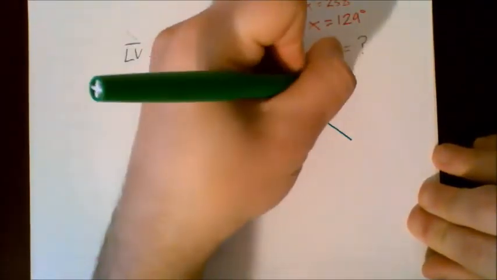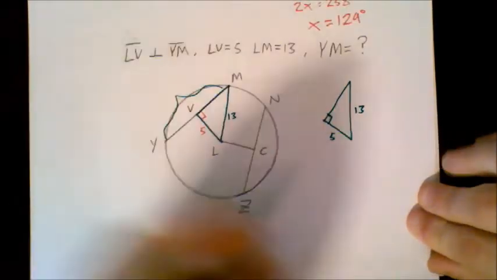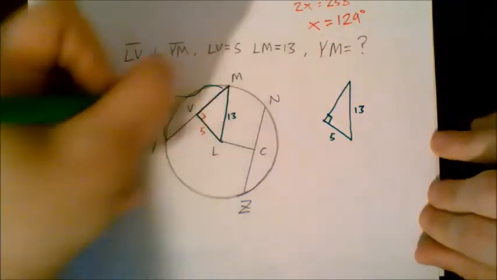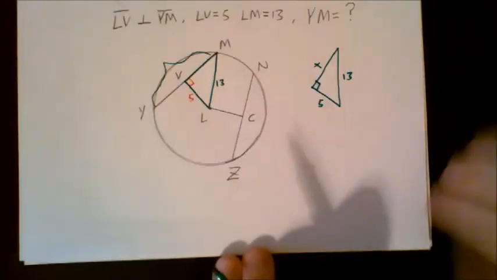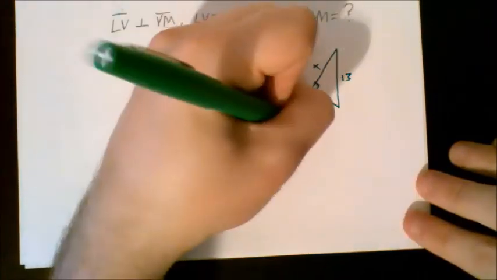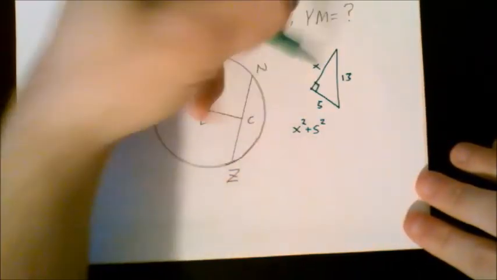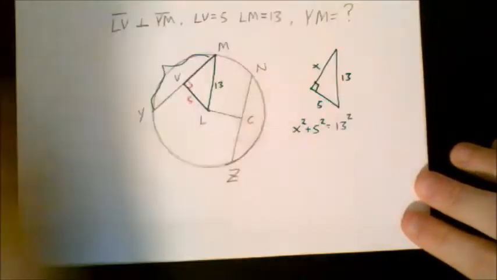Before we learned anything about circles, anything about trig, one of the first things that we talked about was the Pythagorean theorem. We don't know what this is, so let's just call it x. The Pythagorean theorem says x squared plus 5 squared, one leg squared plus the other leg squared, equals the hypotenuse squared.